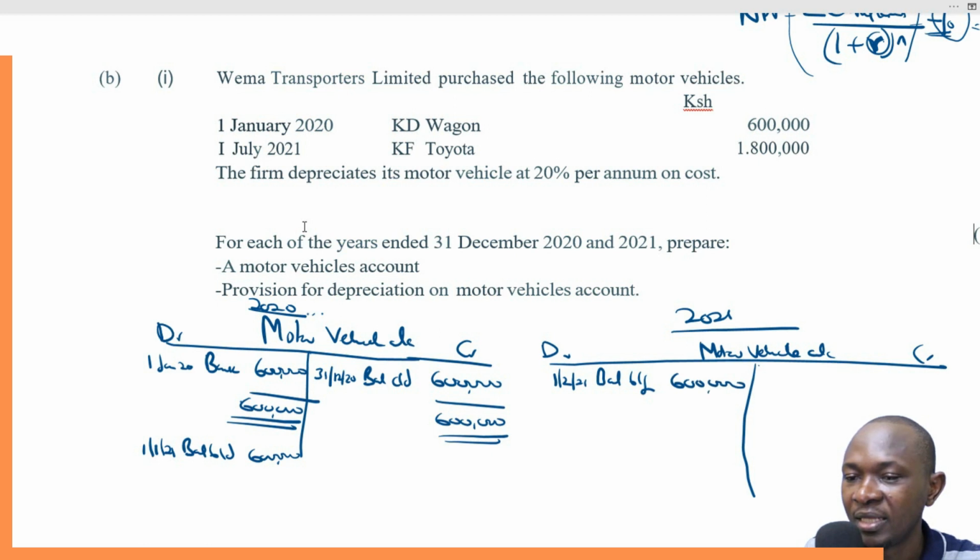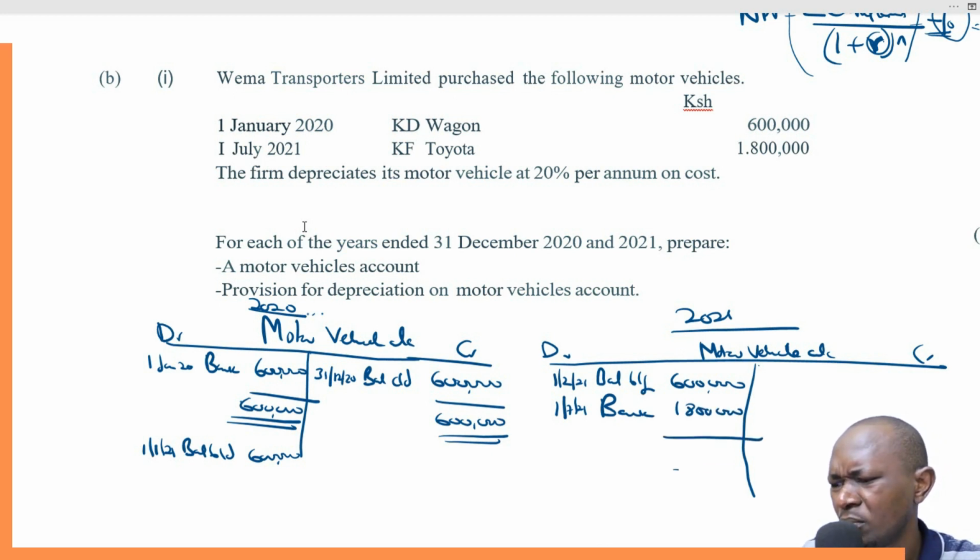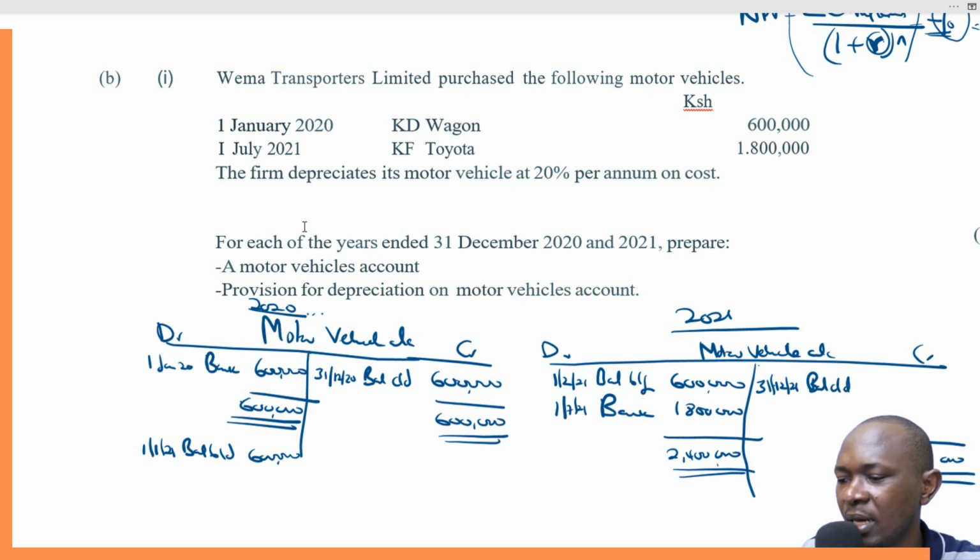And then this year, on 1st July 2021, we bought another KF Toyota. So we say bank, money came from the bank, 1.8. And then we close the year, so this will be 2.4. We won't have any other transaction again, so we say 31st December 2021, balance carried down 2.4.